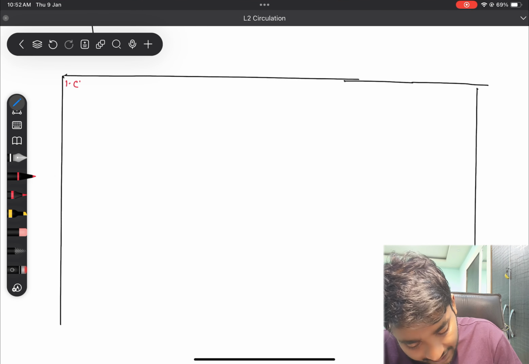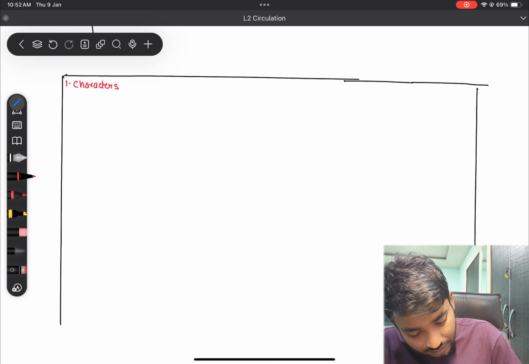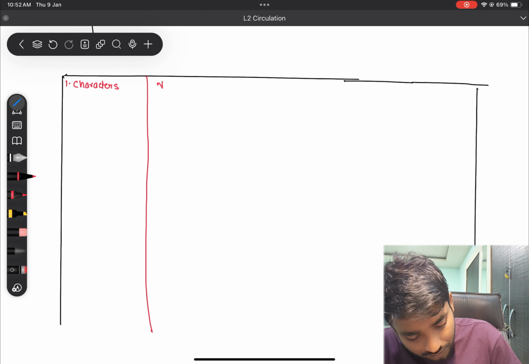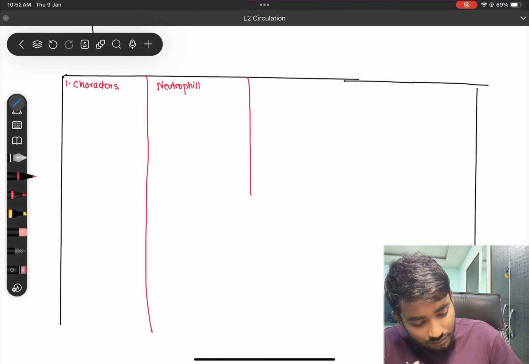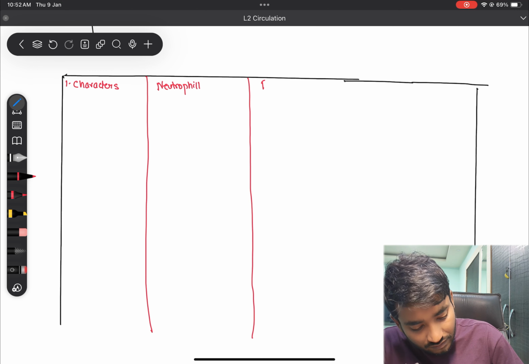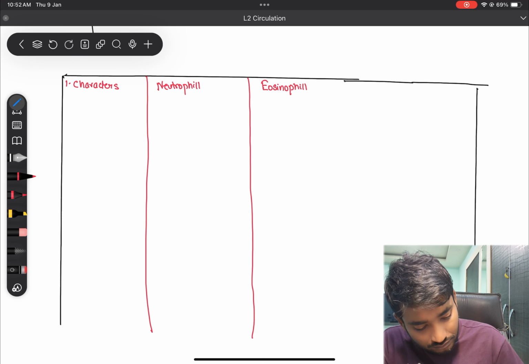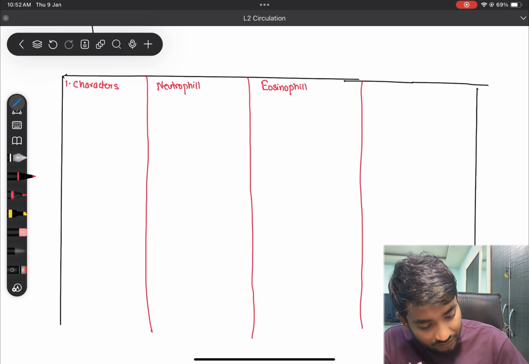Point number 1, characters: neutrophil, eosinophil, and the basophil.